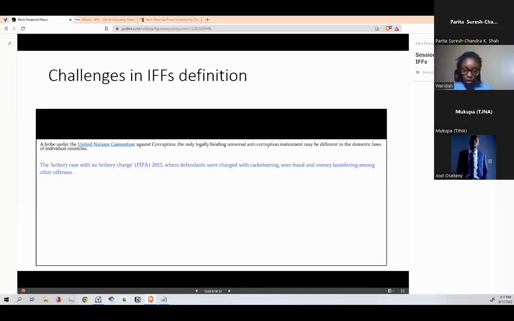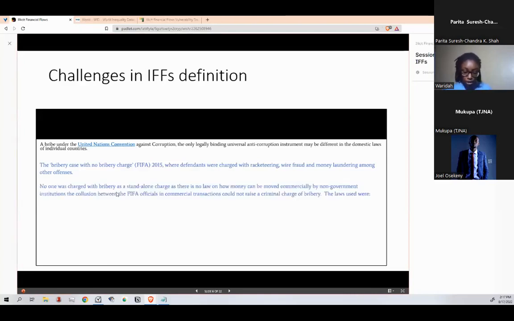The case here is the FIFA case of 2015. This was a case where no one was charged with corruption as a standalone charge, but the officials were charged with racketeering, wire fraud, money laundering, and other offenses.